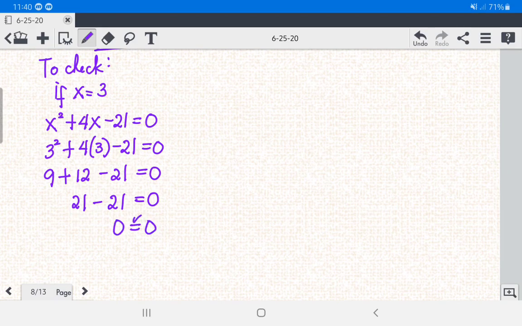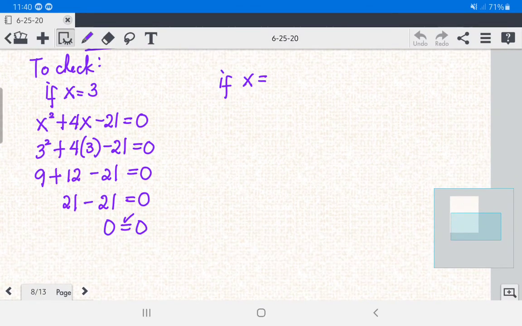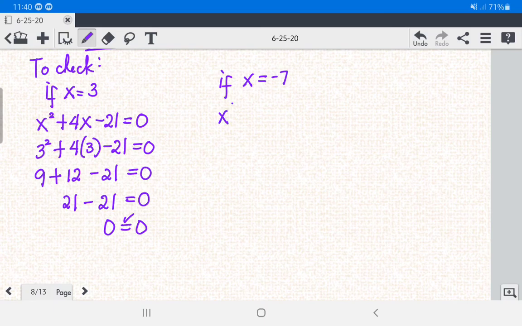Check. If x is equal to negative 7, then we have x squared plus 4x minus 21 equals 0. Again, you substitute the value of x, which is negative 7.